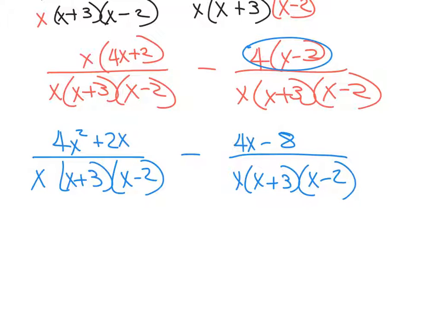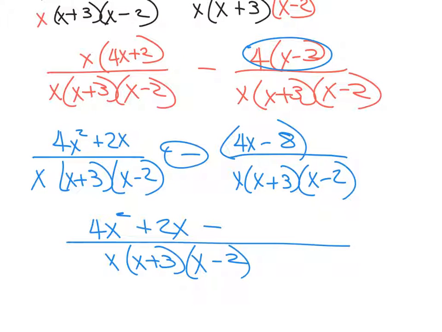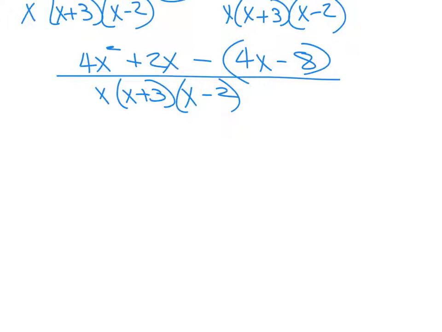Now let's put these together over one denominator, because remember the denominator is going to be x plus 3 and x minus 2, so we can combine them. And remember, minus, that means these go in parentheses. Cannot have a minus sign and not put them in parentheses.